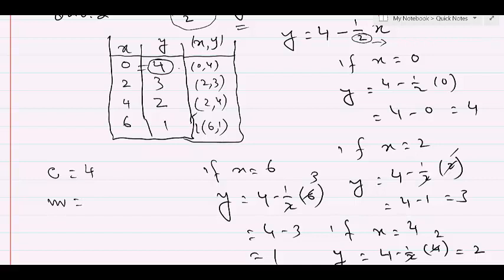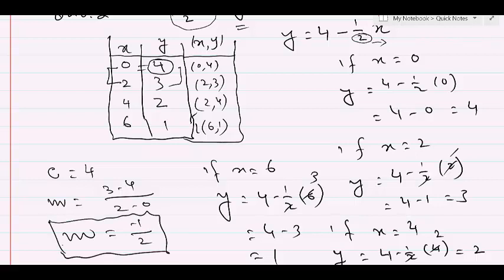M is the change in y divided by the change in x. That would be 3 minus 4, divided by the difference of these, 2 minus 0. That is minus 1 over 2. That is the M value. With the help of the C and M values, you can in fact find the graph, or you can plot those pairs and find the graph of the equation as well.